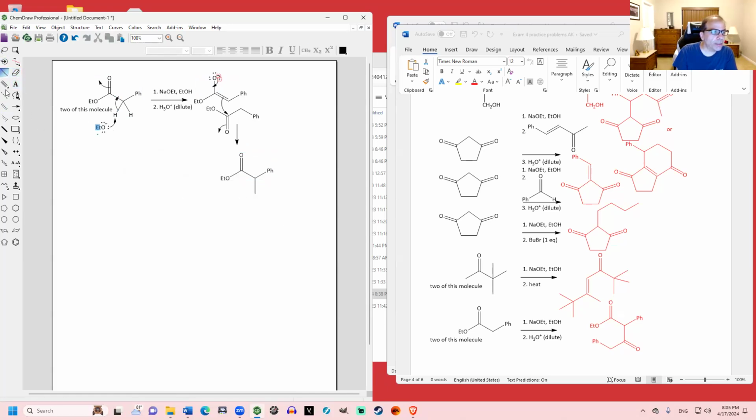So that's the new bond we form. This carbon is attached to O minus. I'll put OH for now and change it to O minus. There's an ethoxy group, and there's CH2 family.